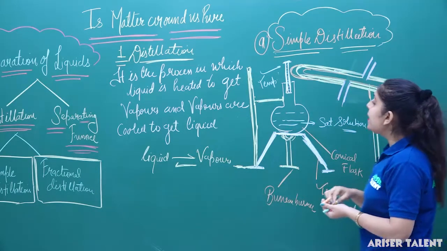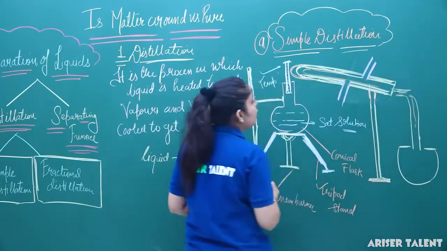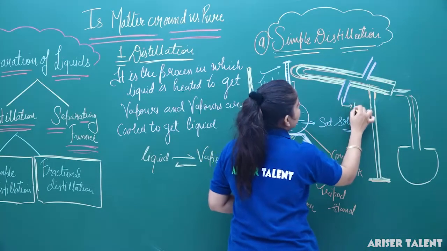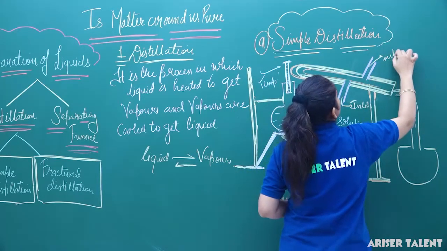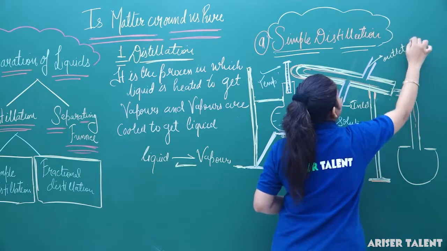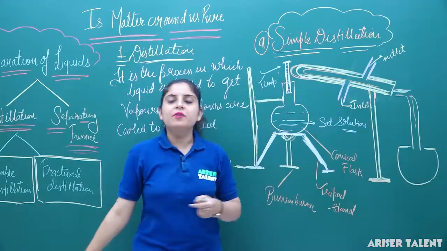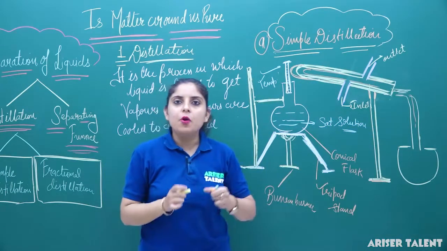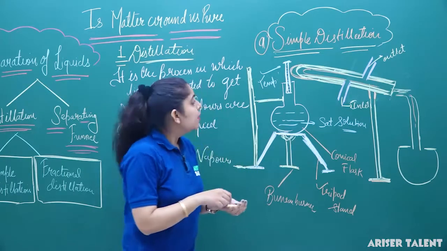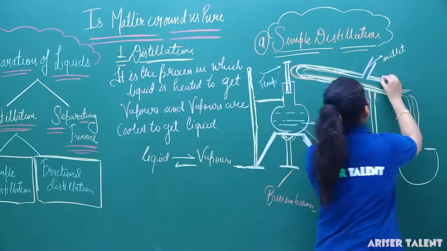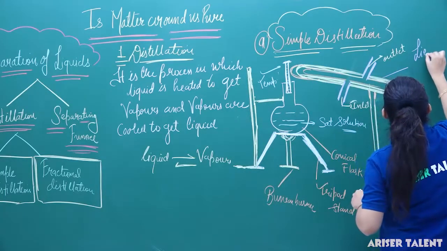This inlet is basically used for pouring water. Now this glass tube that we have taken is actually a water condenser and it is known as Liebig's condenser. The name for this condenser will be Liebig's condenser.